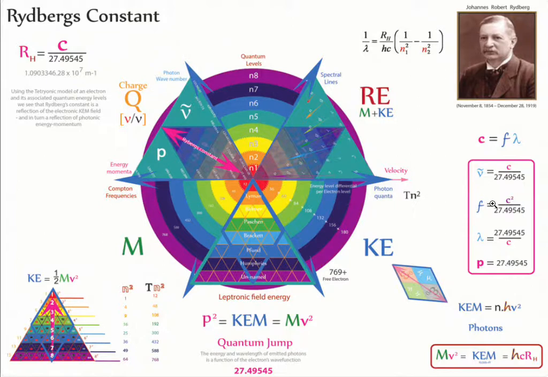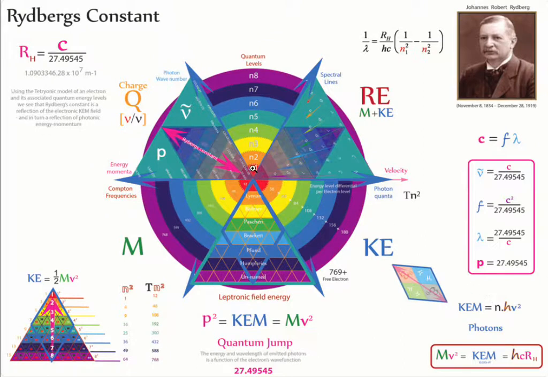And obviously again, Tetryonics gives us specific relationships between wave numbers, frequency, wavelength and momenta, all being expressed geometrically here on the bottom left hand side. But we can calculate for all of these because we know the number of quanta in any chem field.